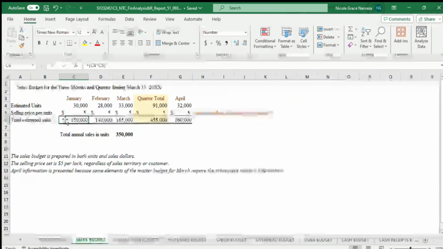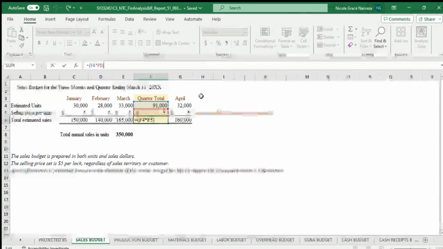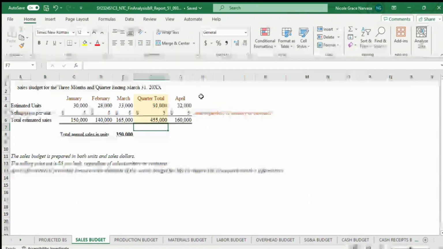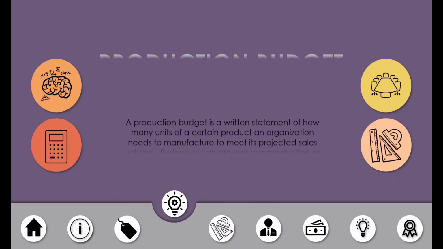And also for quarter total, as you can see here, 91,000, and we multiply this estimated units 91,000 by selling price per unit of $5, so we get the total estimated sales or the quarter total for this. And the total annual sales in units is 350,000.